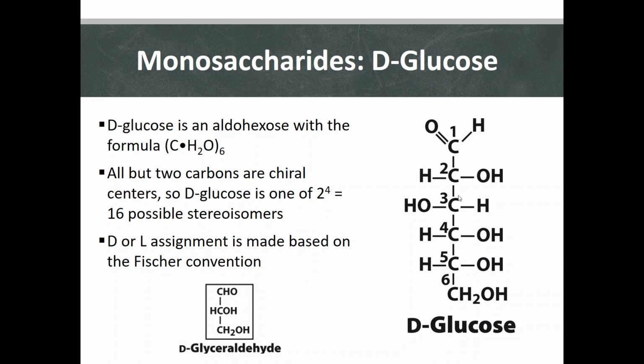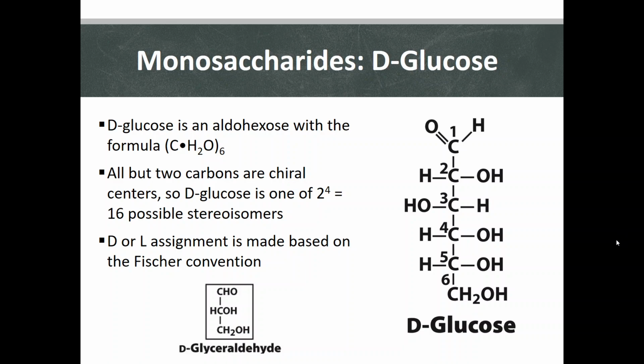So this chiral carbon has a configuration that is defined as L. The first one, carbon 2, would be defined as a D configuration, carbon 3, L, carbon 4, D, carbon 5, D. But we define the overall configuration based on this chiral center furthest away from that carbonyl group.